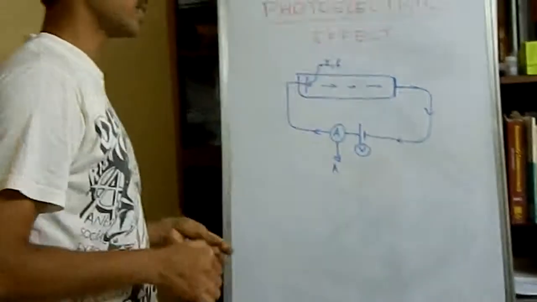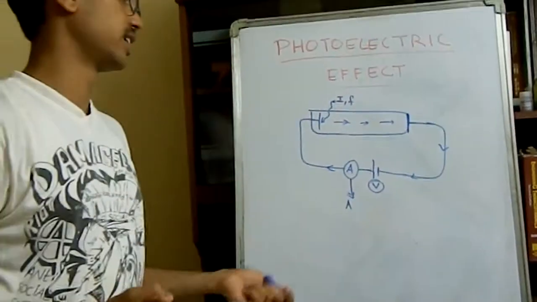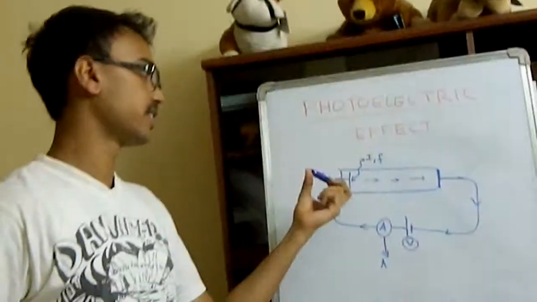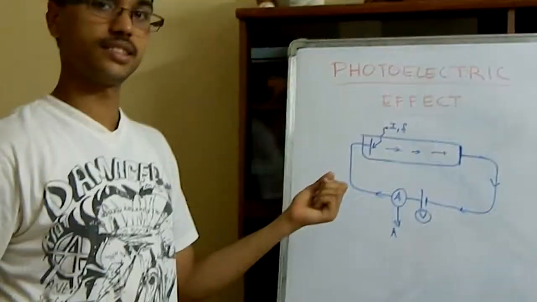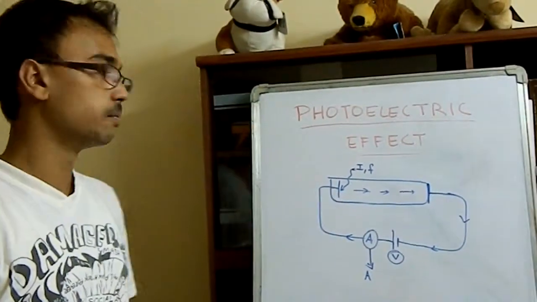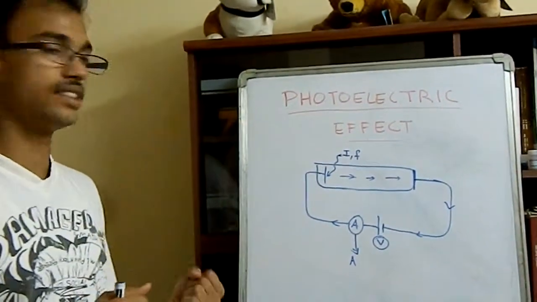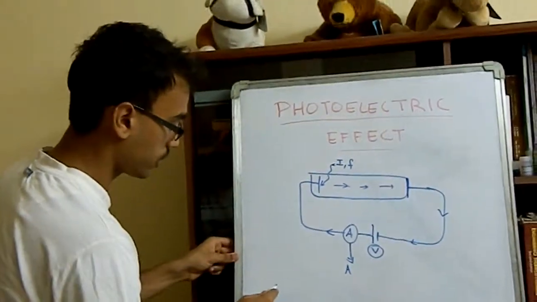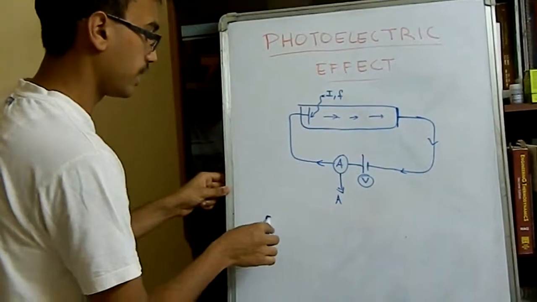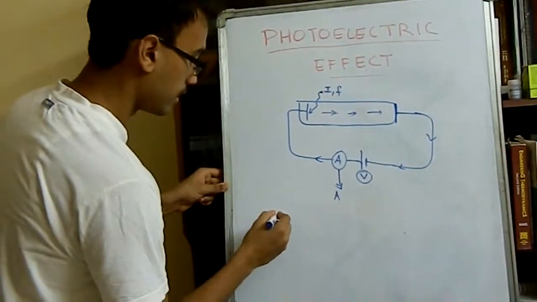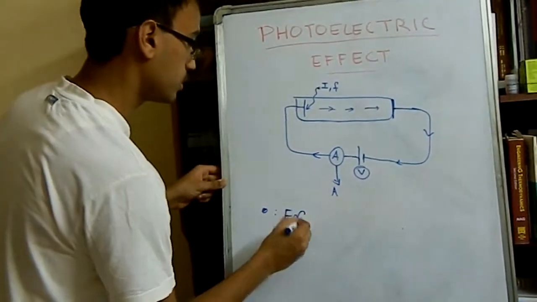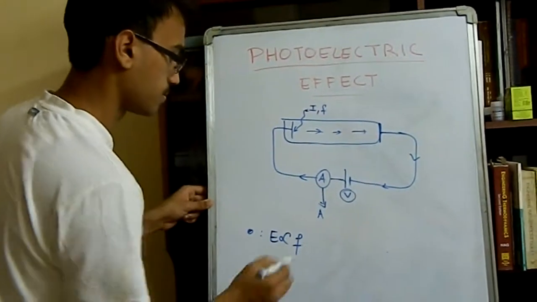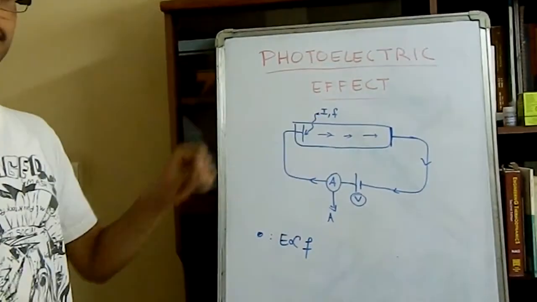So Einstein proposed a quantum theory. He said that the radiation does not consist of continuous energy, but it exists in discrete packets called quanta. Each quantum has a particular energy. The energy is proportional to the frequency of the radiation, and it is independent of the intensity.